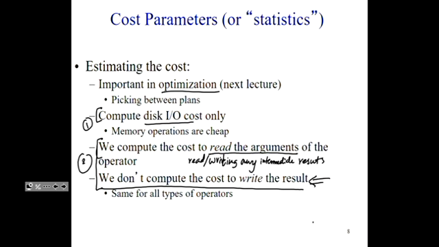We will only count the cost of everything else up until that point. And once again, the granularity that we are going to be operating on is these disk I/Os, the operations that we are doing in moving data from and to disk.